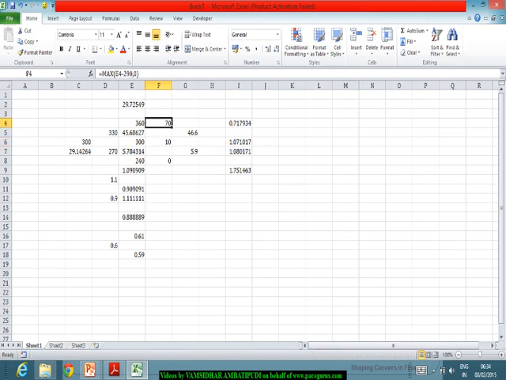So here I know the payoff is 70. So let me take the state price deflator multiplied by the payoff.